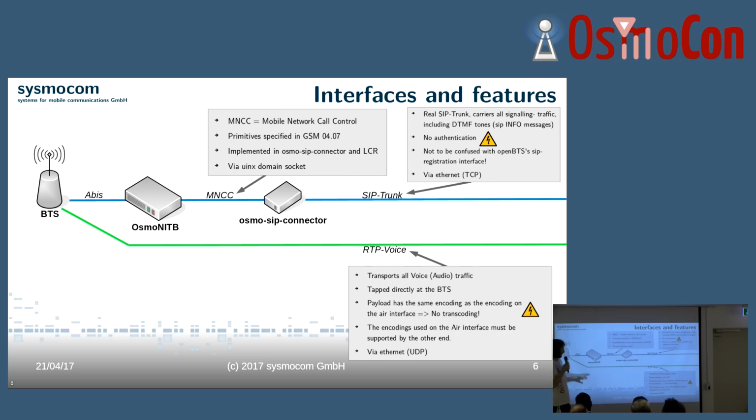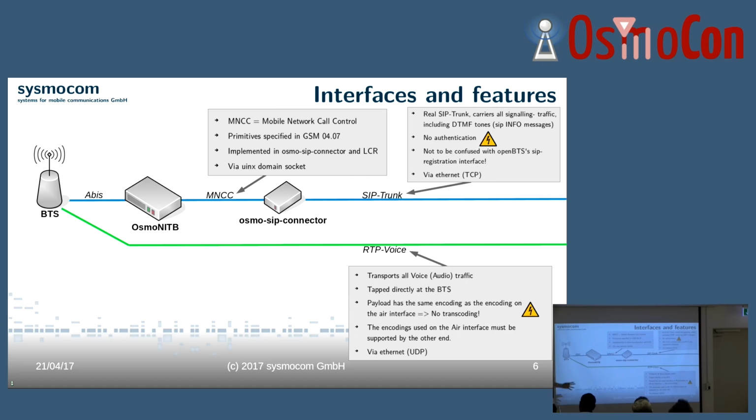Important to know here, there's no transcoding happening. I mean, there's no component in that stream whatsoever, so no transcoding is happening. It's just the encoding as you would have it on the air interface as well. So that is a good thing and a bad thing at the same time. You get the undiluted RTP stream and can process it how you want.